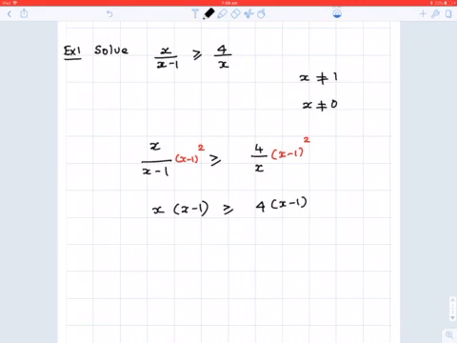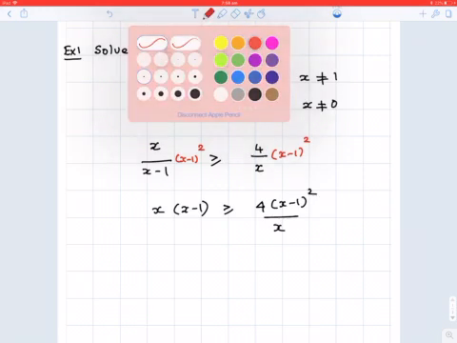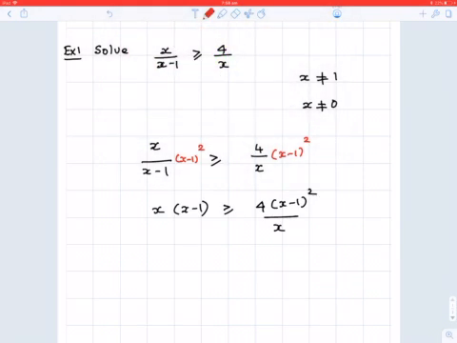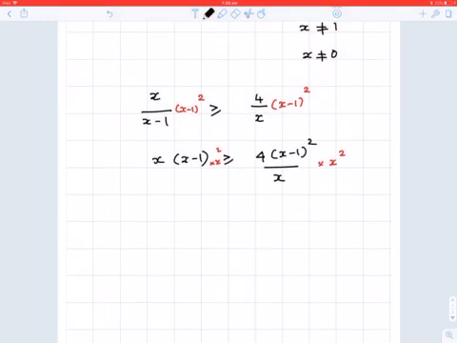So now I can write this as x times x minus 1 is more than or equal to 4 bracket x minus 1 the whole square, divided by x. Now you have x in the denominator on the right hand side, so I'm going to multiply both sides by x square.